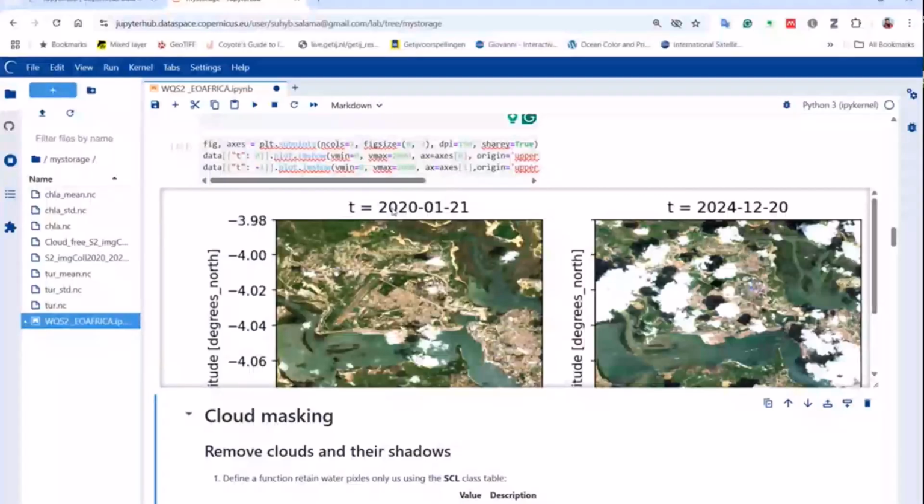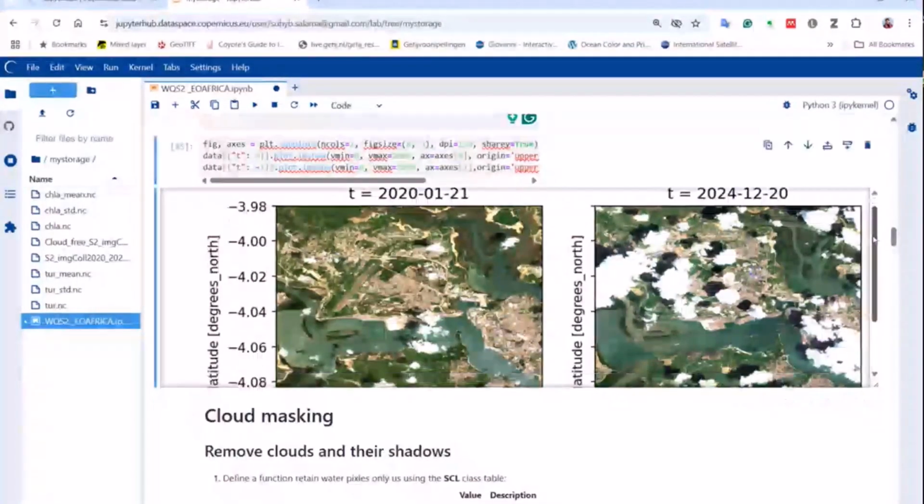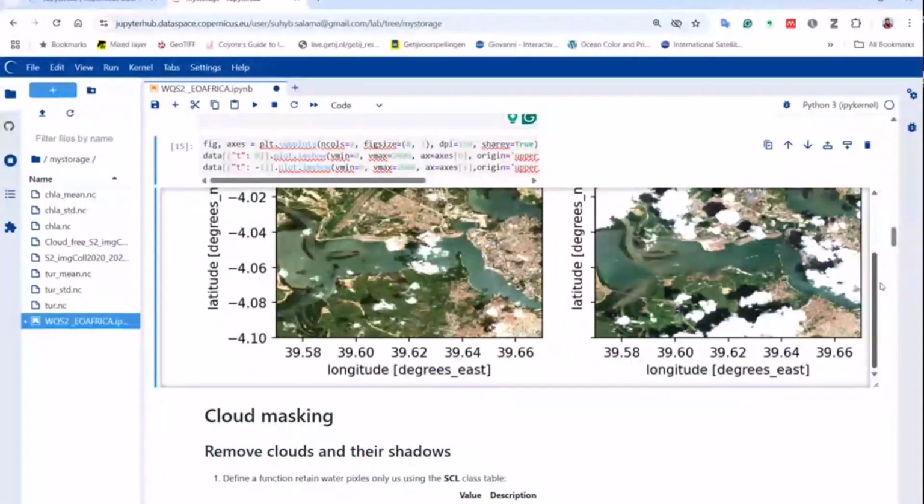So the first time period of my 55 images is 21st of January 2020, and the last is 20 of December 24.